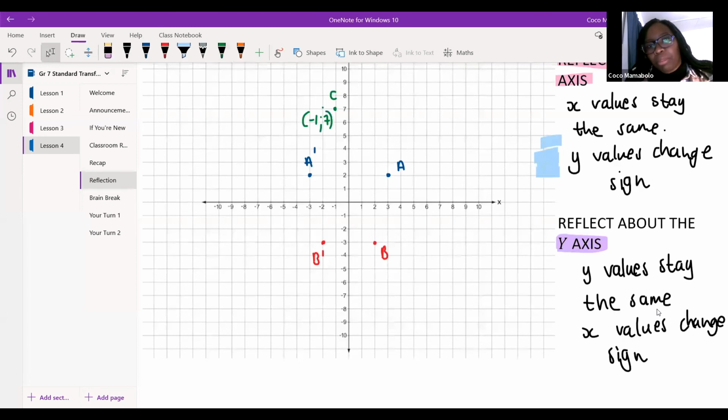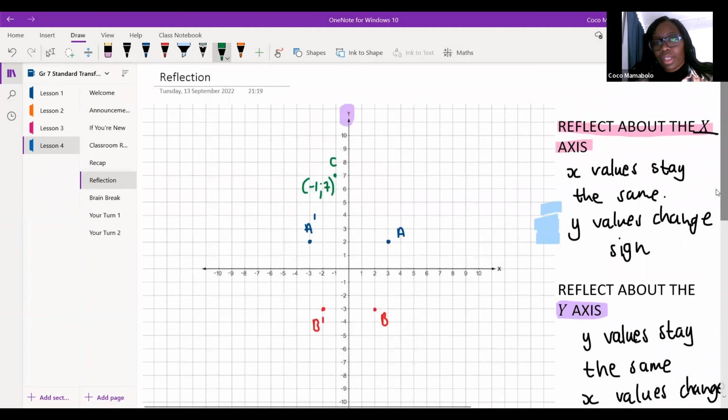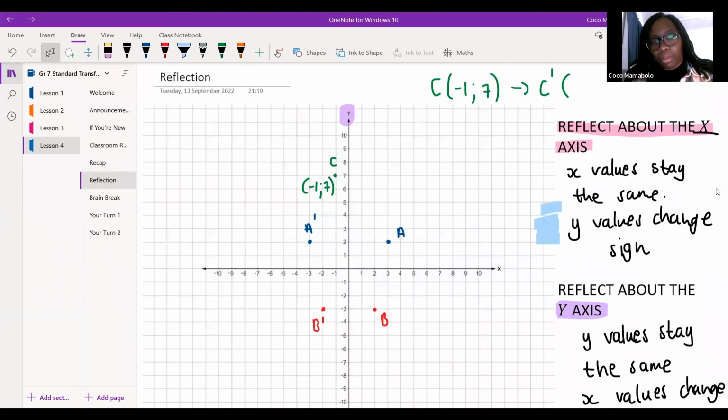What is C prime going to be if I reflect it on the Y-axis? It's laggy. Okay, I'm saying this is C. Look at where I've drawn C. Yes, ma'am. It's -1 and 7. Okay. What is C prime going to be? What is C prime going to be?